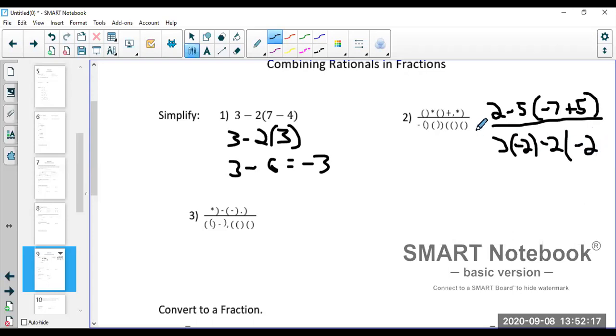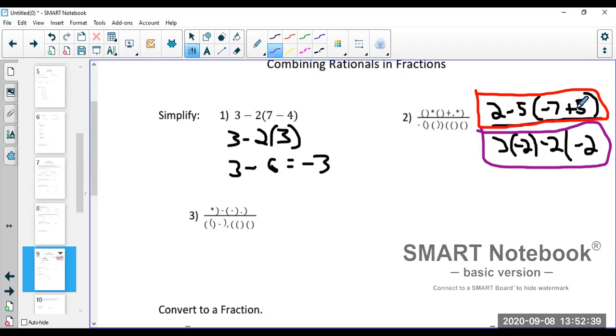So what we do is we will actually treat these as 2 separate equations. We'll do one, and then we'll do another. And then after, we'll do the dividing part. So we start with the 2 minus 5, and then in brackets times negative 7 plus 5.